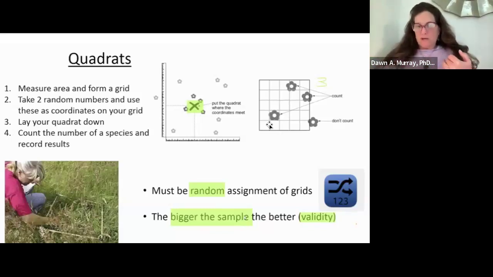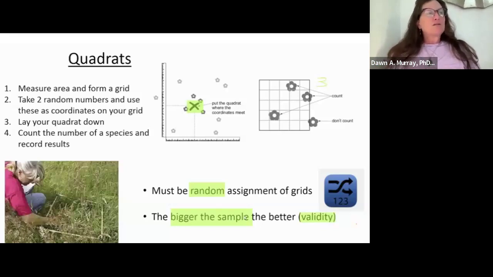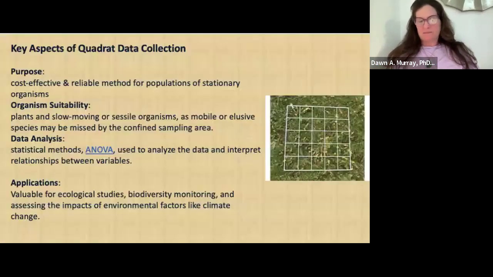It has to be random assignments of grids. And again, there are random number generators. The more quadrats you do, the better the validity of your study. For a study in this class, depending on how much you're counting, you could easily do like 20 in a random area.